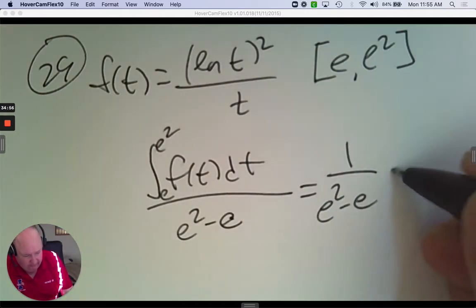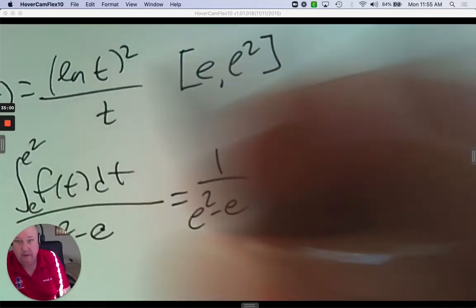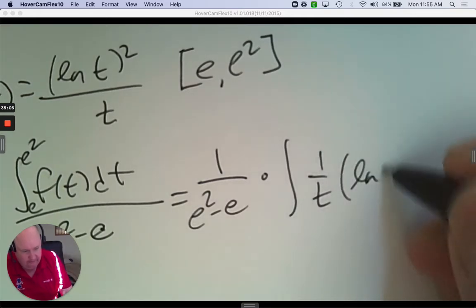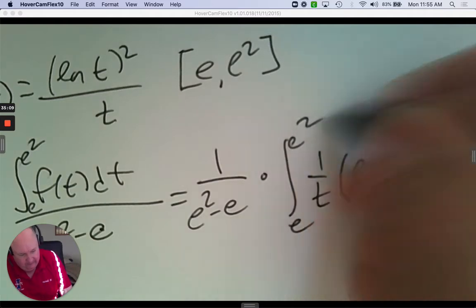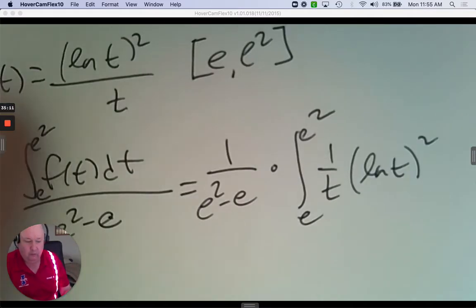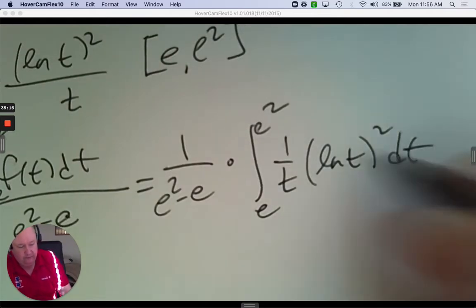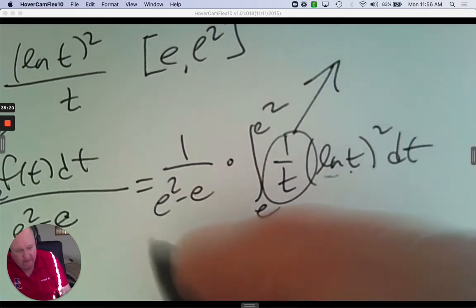Then I'm going to integrate this up here. I'm going to write this as 1 over t times ln t squared, and again, I'm integrating from e to e squared. The derivative of ln t is 1 over t, so that's the correct hook, so I can unhook it.